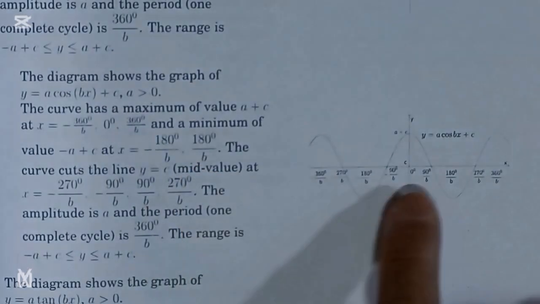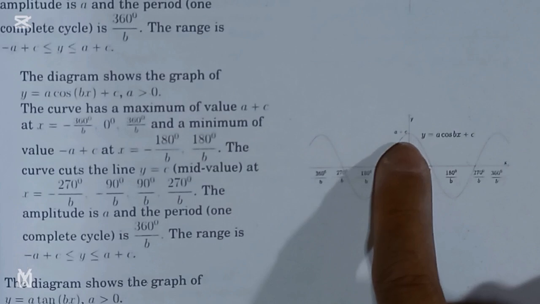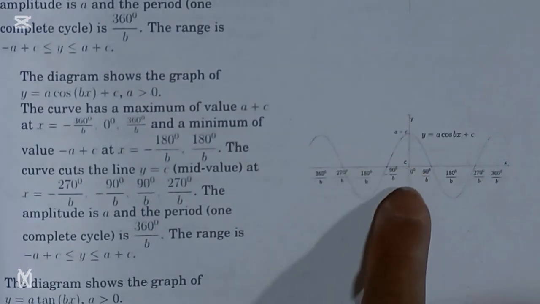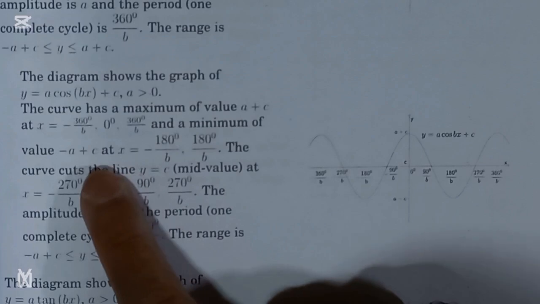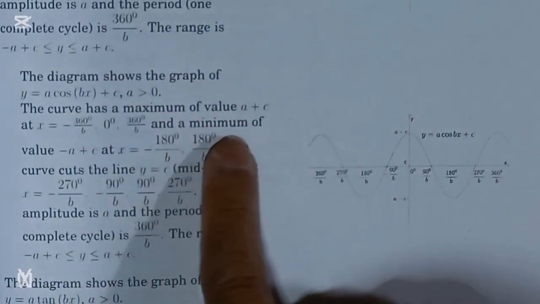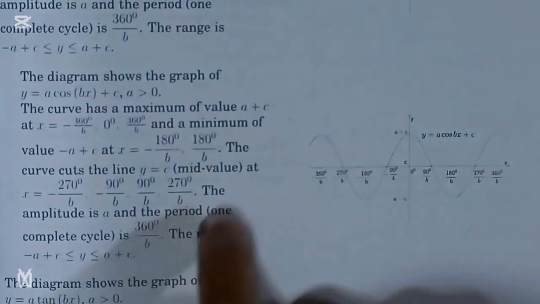So look now, this is the middle value C. The maximum value was A above it, so that's why the maximum value is C + A and the minimum value is C − A. Okay, first thing that is done.